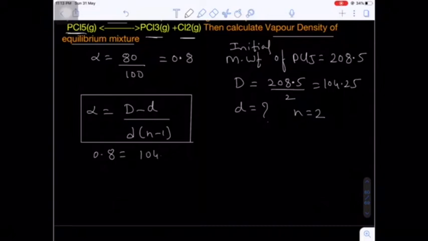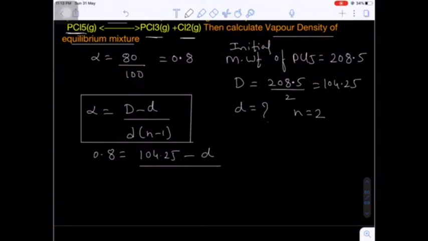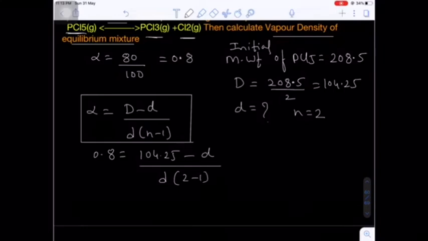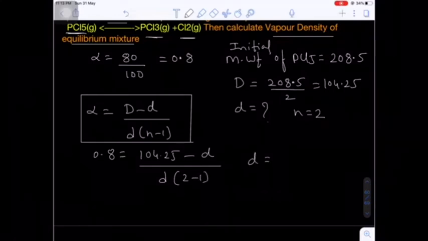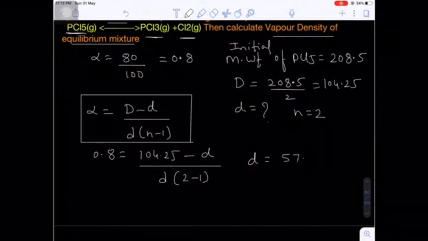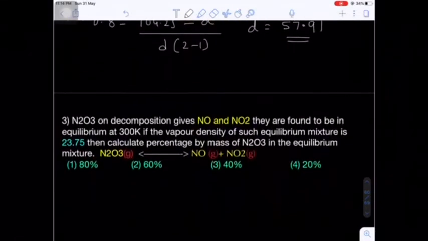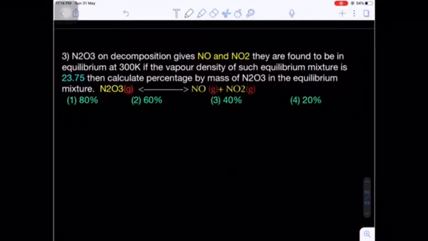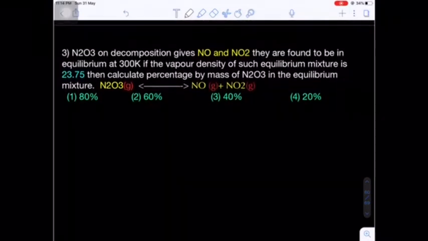Alpha value 0.8, capital D 104.25 minus small d, to be calculated, whole divided by small d into 2 minus 1. If you solve this one, you will get the vapor density at equilibrium, which is 57.91.